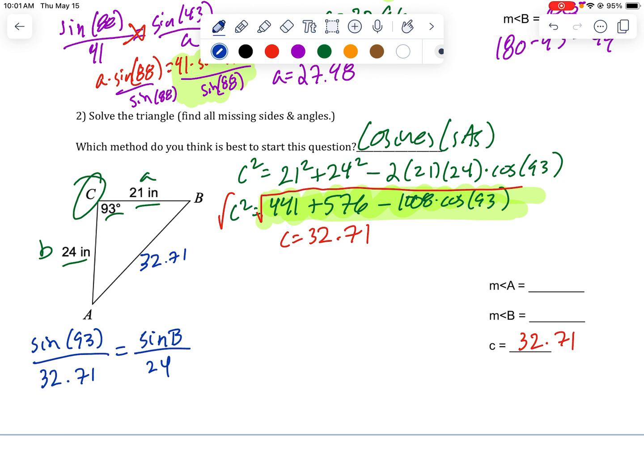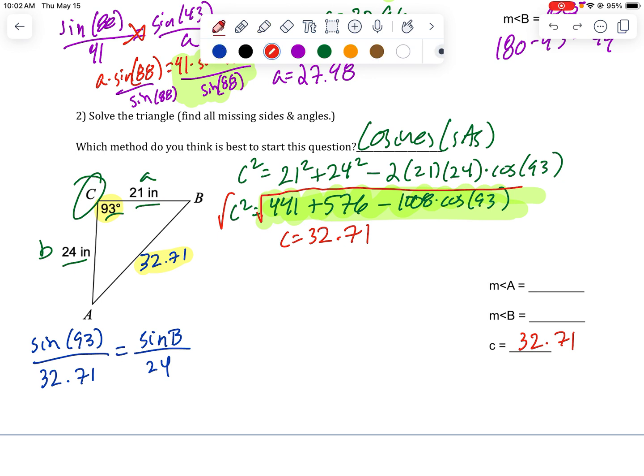I know you're thinking, hey, we don't have two angles and one side. We have three sides and one angle. Well, since we have an angle and a side pairing, like angle C and side C, I can now use the law of sines, since I have that pairing. Let's cross multiply.